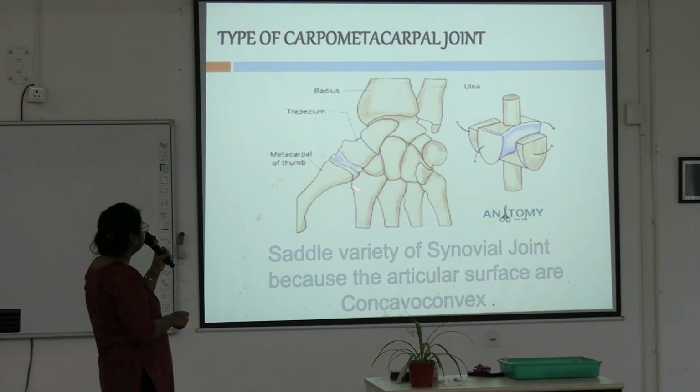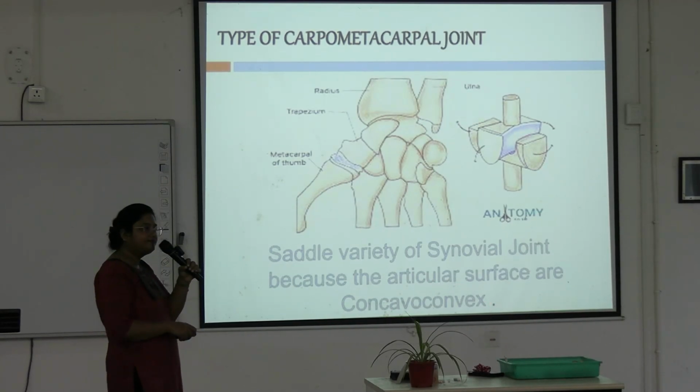So you can see the proximal and distal articular surfaces are concavo-convex and reciprocate with each other. It is a saddle variety of synovial joint because the articular surfaces are concavo-convex. Okay.